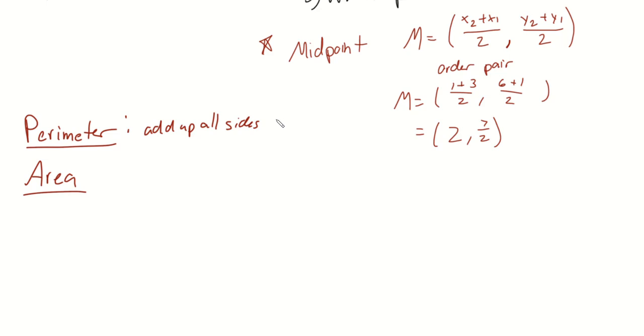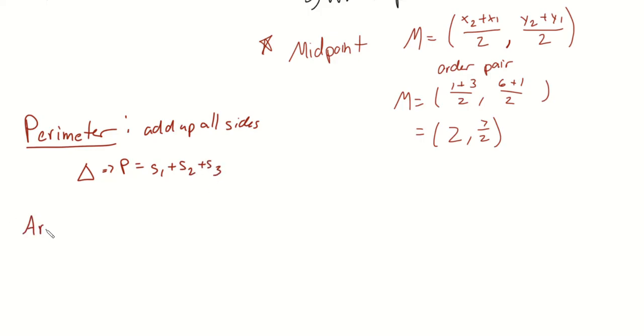So for a triangle, perimeter is what? How many sides do we have in a triangle? Yes, so adding up all 3 sides.